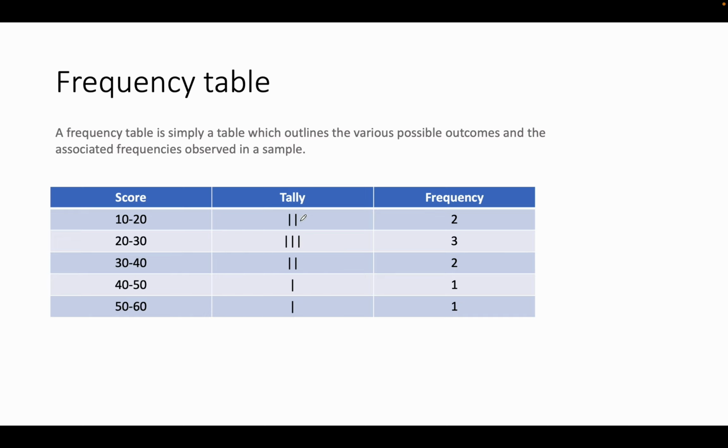There are two students who have scored marks in the range 10 to 20, so the frequency is 2. From 20 to 30 we have 3 students, so a frequency of 3. From 30 to 40 we have 2 students. From 40 to 50, 1 is the frequency. And from 50 to 60 again we have just 1 student, and the frequency is 1, like that.